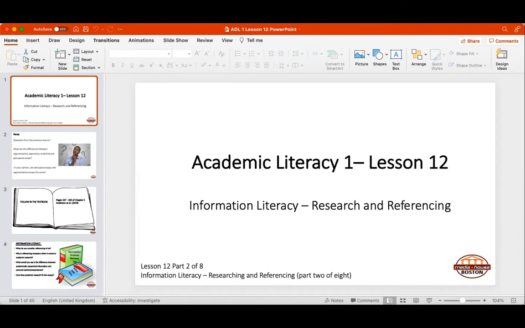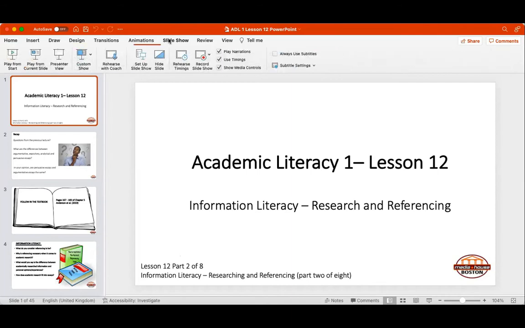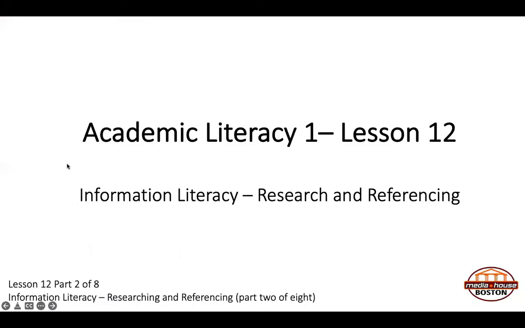Okay, so let's get started. So in the last lecture, we finished up with writing, okay, with the different types of essays. And today we are going through information literacy. If you remember a few weeks back, we did speak about the Harvard method.